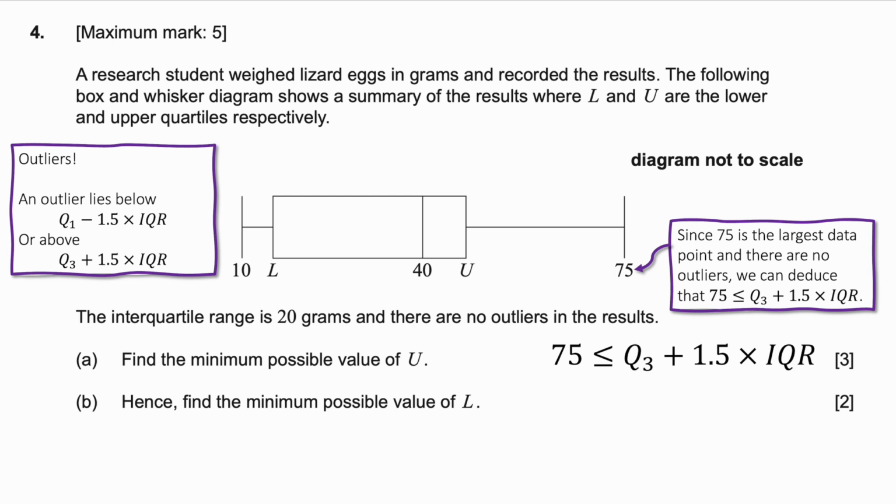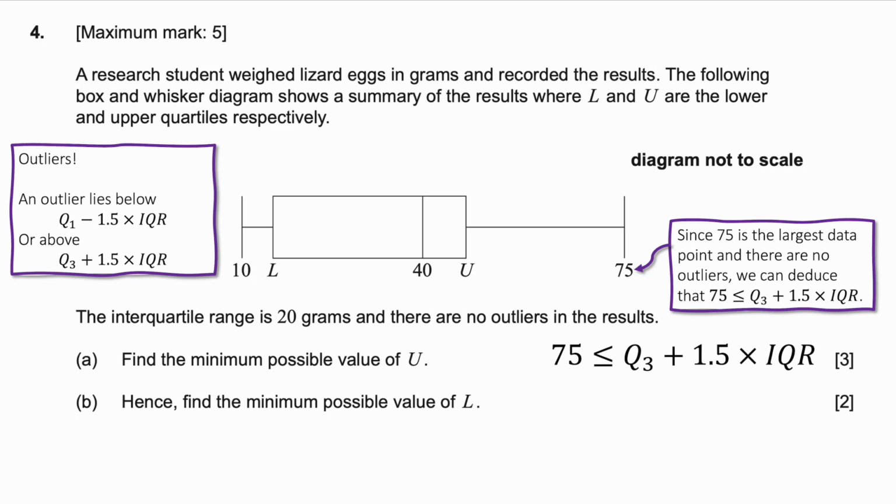And so because we're looking at U here, we're looking at the upper quartile, and we know that 75 is a long way from U, and it's not an outlier. We know that 75 is the biggest data point, and it's not an outlier. So 75 must be below the threshold to be an outlier.